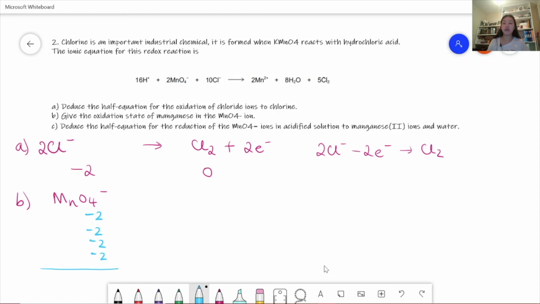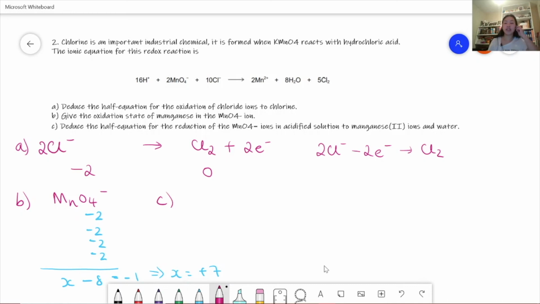So if we call the manganese X, because we don't know what it is, we then have X minus 8 equals -1. And so therefore X equals +7. So now we found our oxidation state of manganese, which is +7.